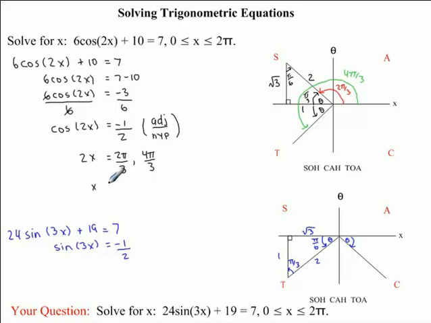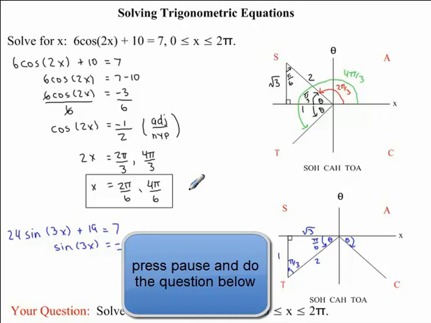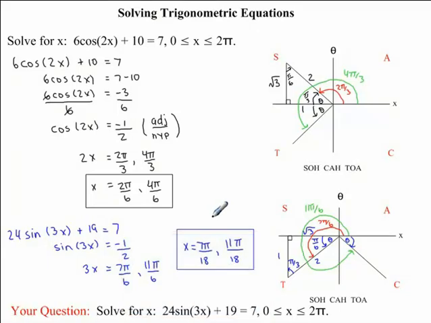So we have that x is equal to 2 pi over 3 divided by 2 is 2 pi over 6. 4 pi over 3 divided by 2 is 4 pi over 6. And this is our final answer. I would now like you to finish off the question that you were working on. And here's your final answer.